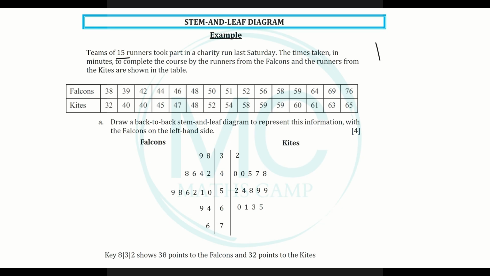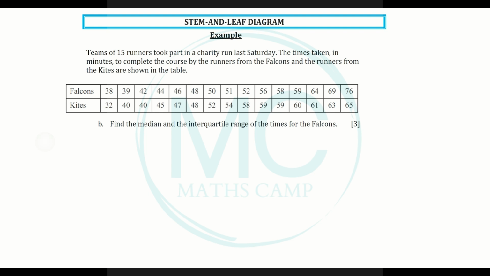So to find the position of the median, I'm going to say n plus 1 over 2. 15 plus 1 gives me 16. 16 divided by 2 gives me 8. Let's look at the Falcons. 1, 2, 3, 4, 5, 6, 7, 8. So Q2 is 51. So over here I can make a note that the median Q2 is equal to 51.